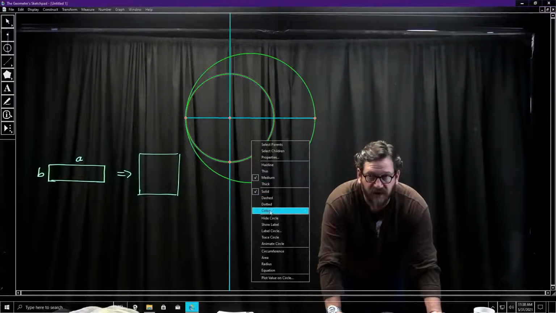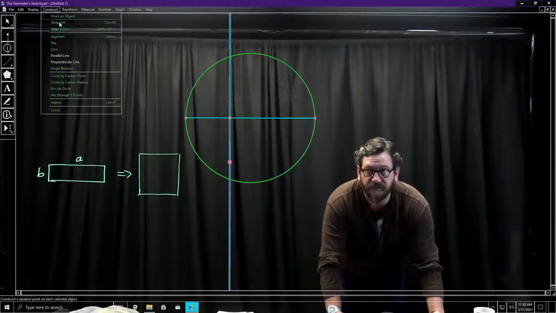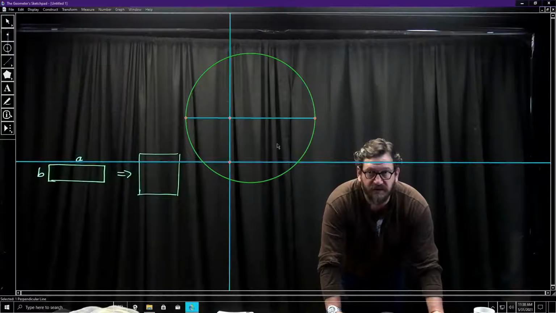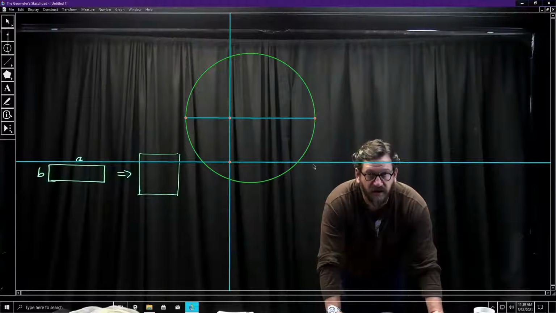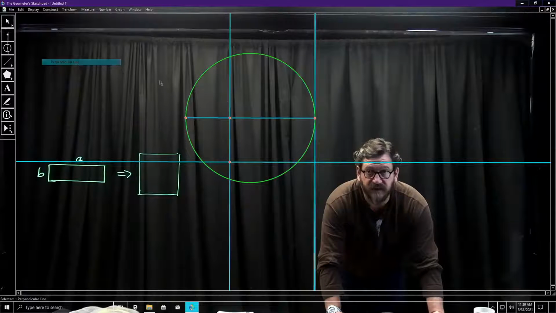Now I'm going to hide this circle and create another perpendicular. By doing this, I now have one side, two sides, almost the third side of my rectangle. Over here I need another perpendicular because that gives me my right angles. And lo and behold, I now have a rectangle.